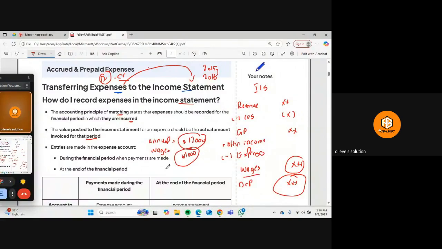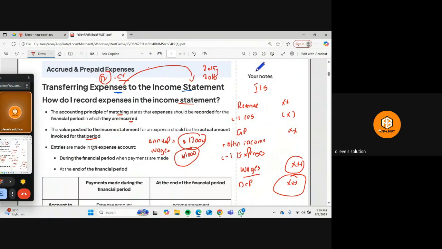But I will write $12,000 in the income statement, because the matching concept says that you should record the annual rent, annual expenses, annual income, whether or not you have paid or received it. There is no connection between the payment and the incurred expenses. You need to charge the annual revenue, annual cost of sale, and annual expenses.